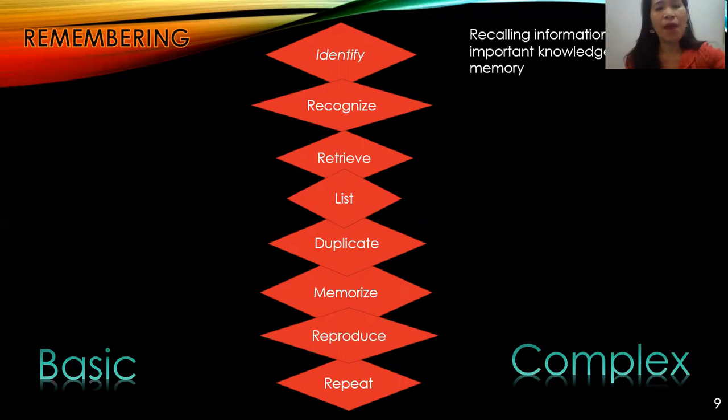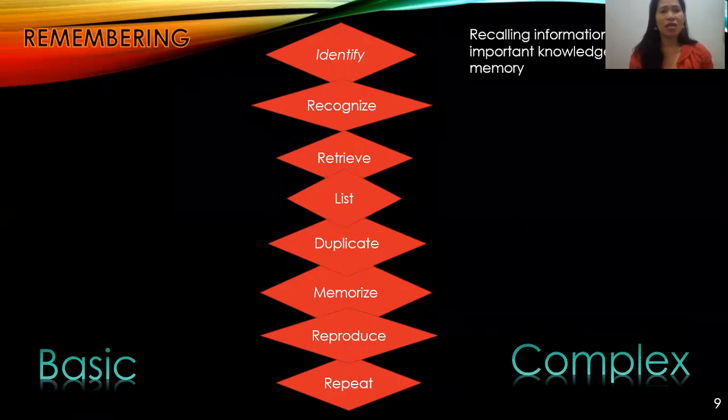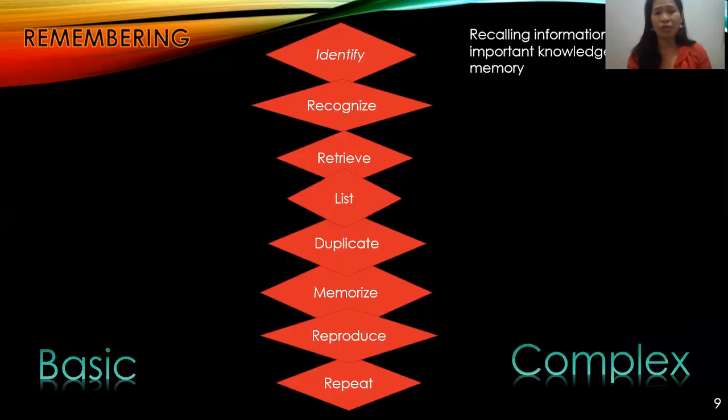So in preparing a table of specification for K to 12, the cognitive process dimensions are adapted from Department of Education Order 8, Series of 2015, the policy guidelines on classroom assessment for the K to 12 basic education program.